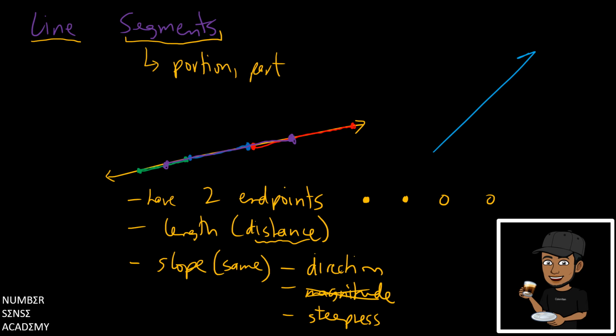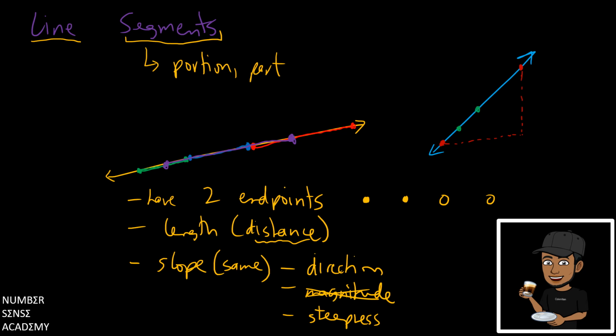So if I have a line that looks like this, and I have 2 points on this line, this is the slope of the line that I derive from these 2 points. These 2 points signify a segment of the line because I could take any 2 points.